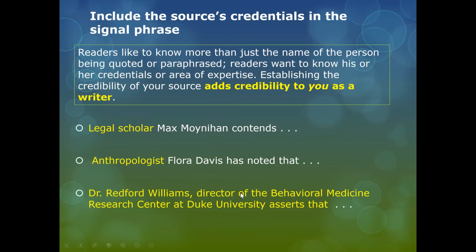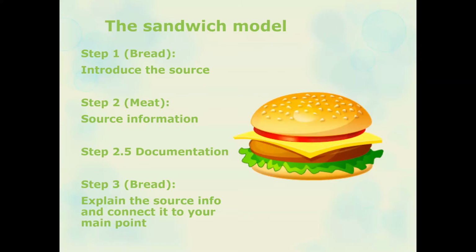He's not just a professor there, all right? So whatever Dr. Redford has to say about whatever the subject is that's being discussed or analyzed or argued in this paper, okay, the reader is going to take that a lot more seriously because of all this guy's credentials. And this writer has let his or her reader know that.